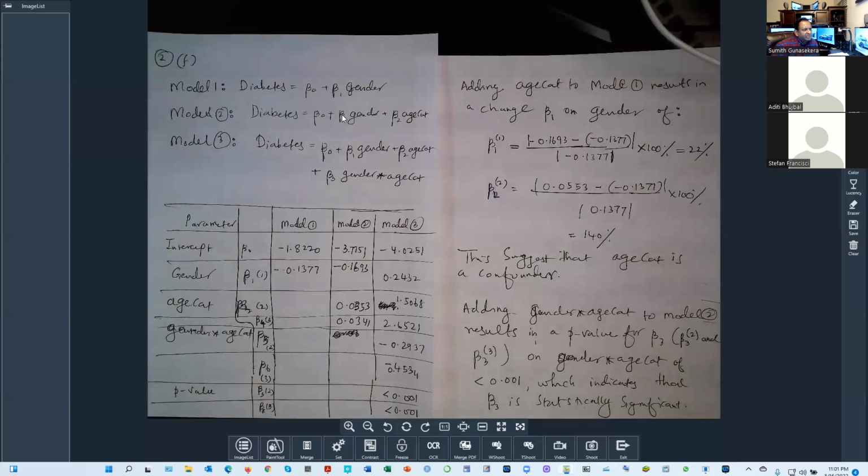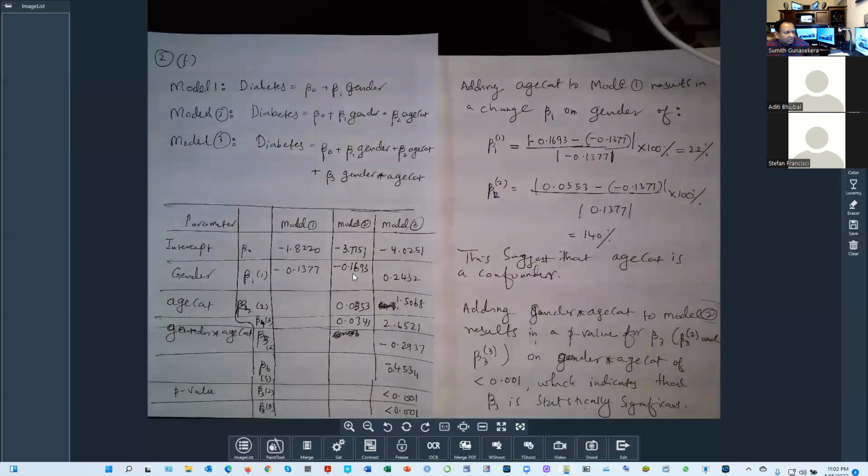Beta 1 has been increased. Beta 2, also check how much it has been increased. Beta 2 means this one with respect to this one. With respect to that one, gender has been increased this way, and this one also increased. See? So that suggests that age cat is a confounder, because the increase in the betas is more than 10%.